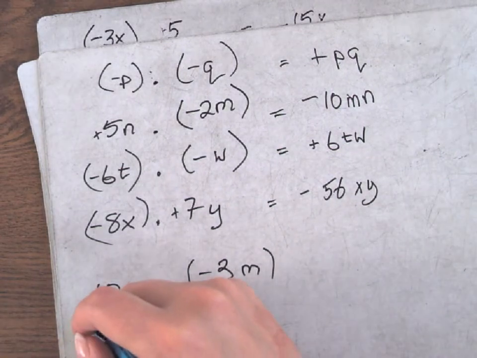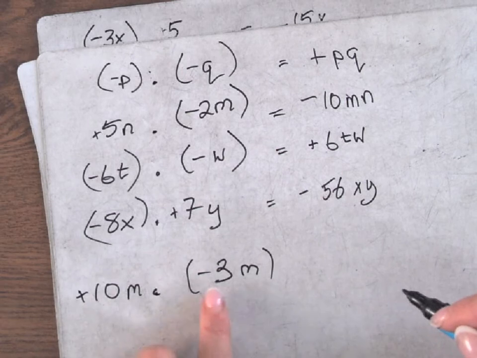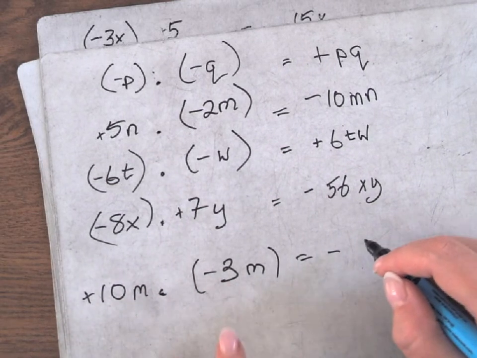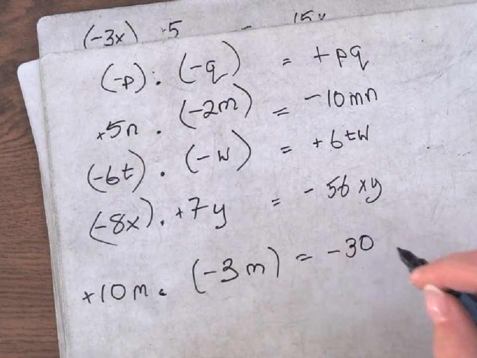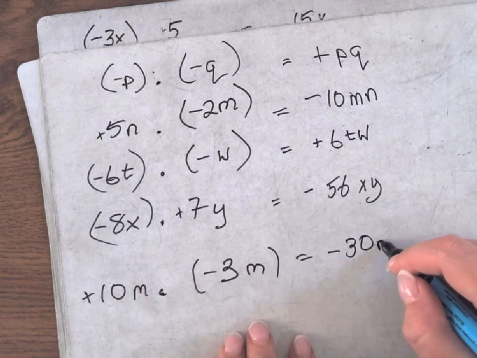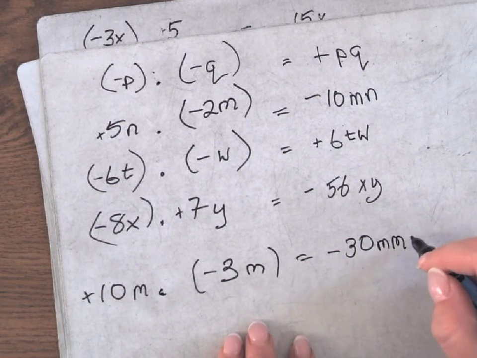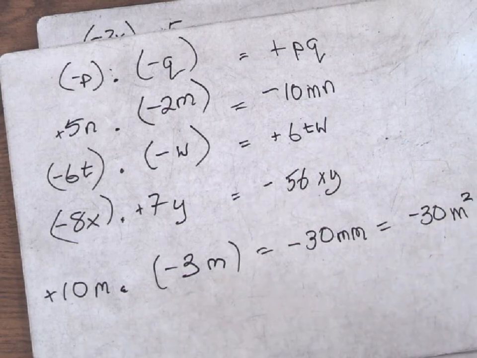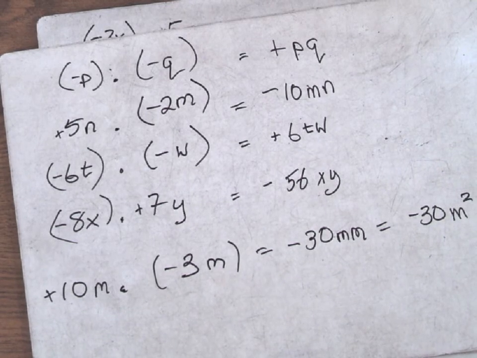And then a plus by a minus is a minus. 10 by 3 is 30. And then I have M by M is MM, but I'd never write MM. What would I write that as? M squared. Very good. Okay, we good? Ready to move on?